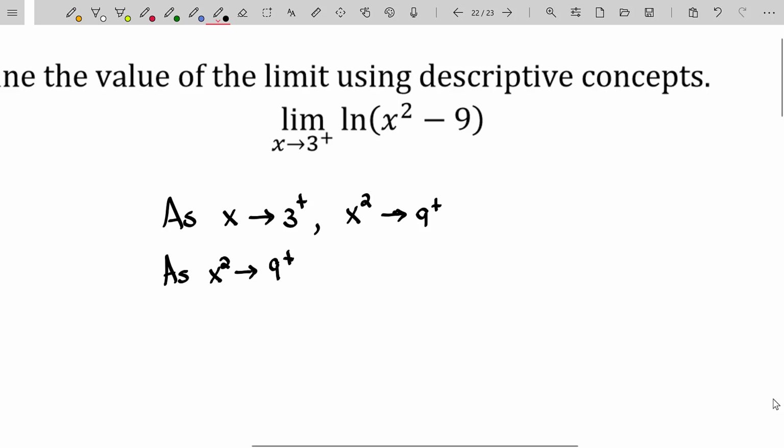As x squared is approaching 9 from above, or from the right-hand side, x squared minus 9 is approaching 0, right? It's slightly above 9 minus 9. So it's approaching 0, but from the right-hand side or from the positive side of 0. And that's why it's so critical to note that x squared is approaching 9 from above, because 9 from above minus 9 is positive, and the natural log can only take positive numbers as its argument.